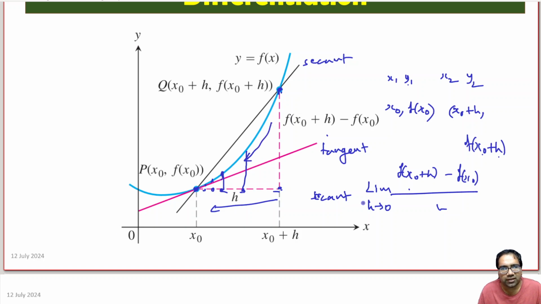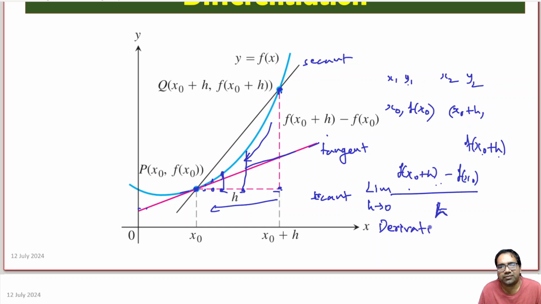Right. When h is tending to 0, what is the slope of this straight line? The slope of this tangent is actually f of x naught plus h minus f of x naught by again h. So this is called a derivative.